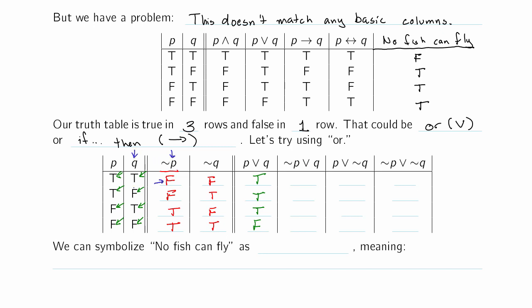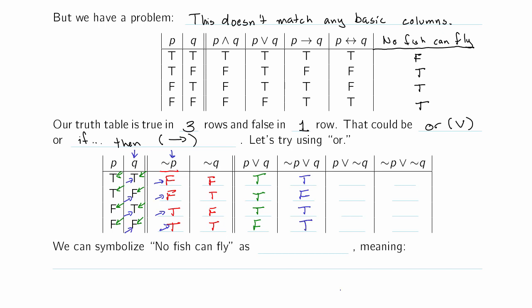Not P is false, but Q is true. Not P or Q is true. Not P is false, Q is also false. Not P or Q, that's when it's false. Not P is true, Q is also true. The or is true. Not P is true, Q is false.